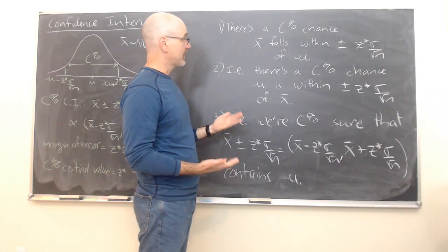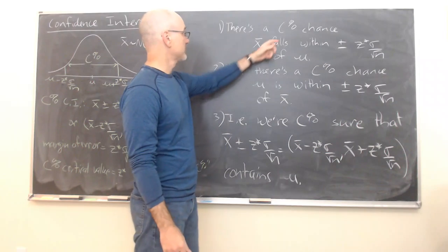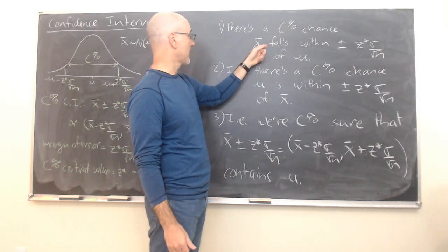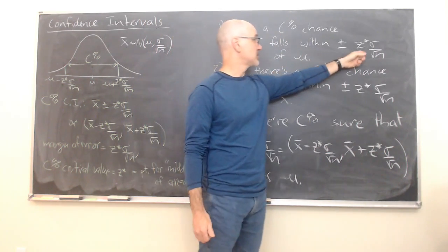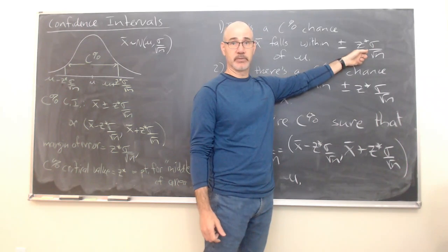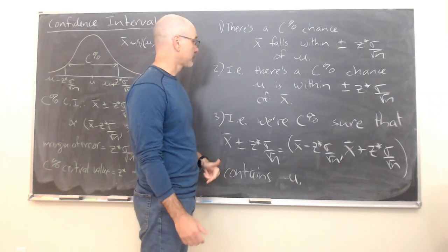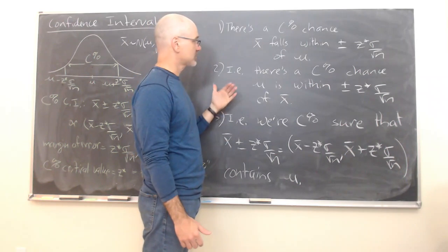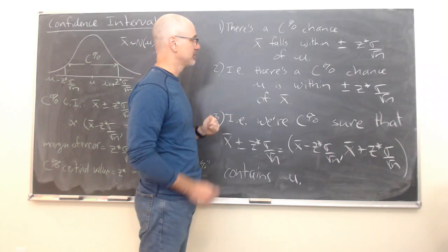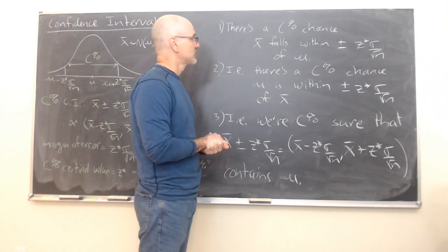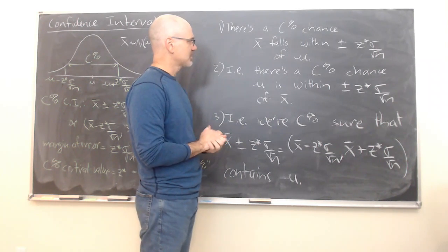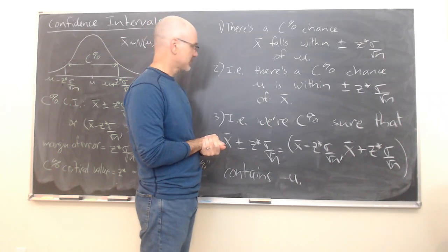For the 95 level, which is done in the notes, there's a 95% chance a random x bar is within 2 sigma over root n of the true mean mu. Well, this is sort of like the one step that may take at least a moment for it to make sense.